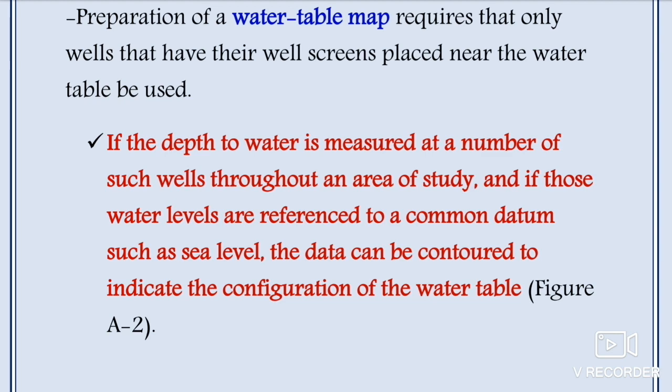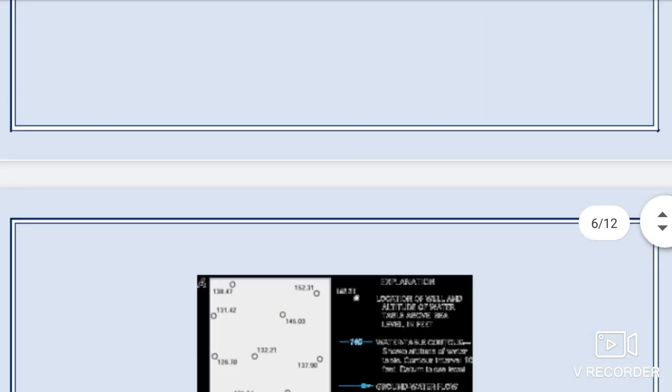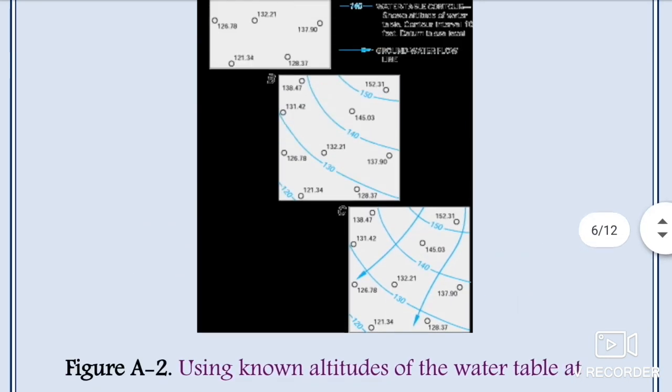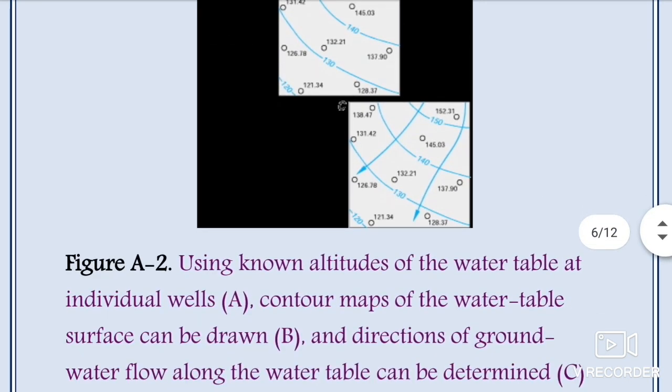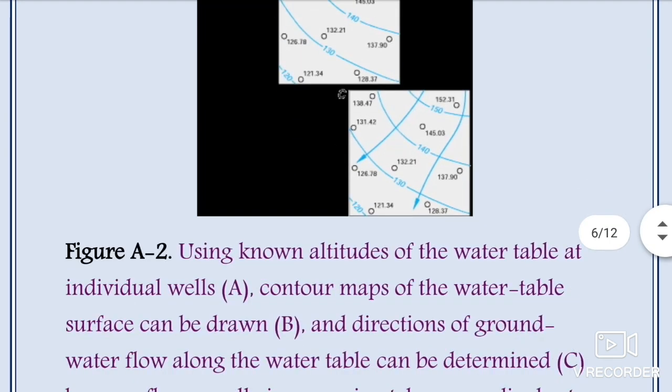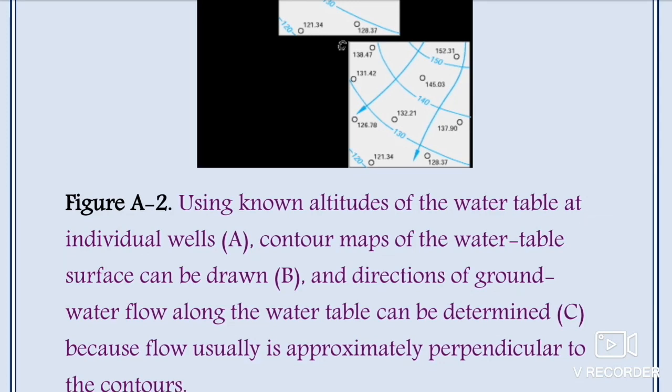Okay, so as you can see in diagram A2, using the known altitudes of the water table at individual wells, in diagram A the contour map of the water table surface can be drawn, and in diagram C the direction of groundwater flow along the water table can be determined.